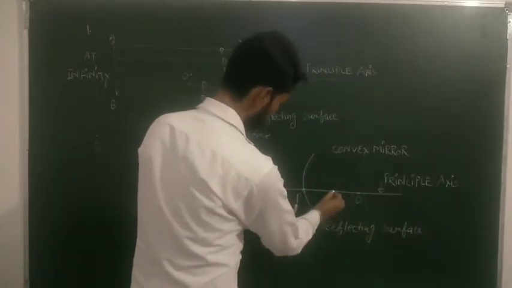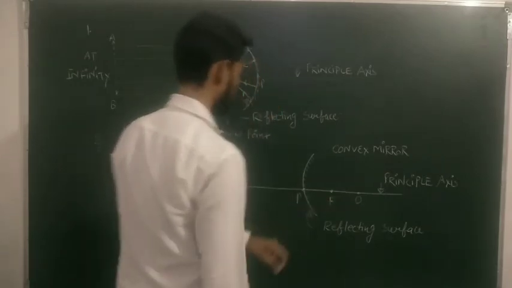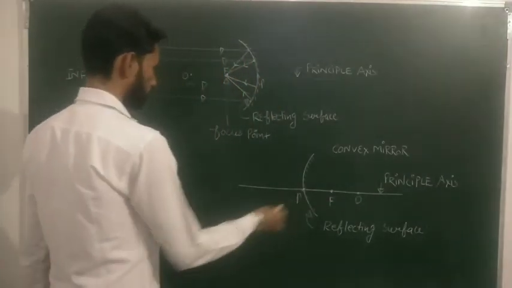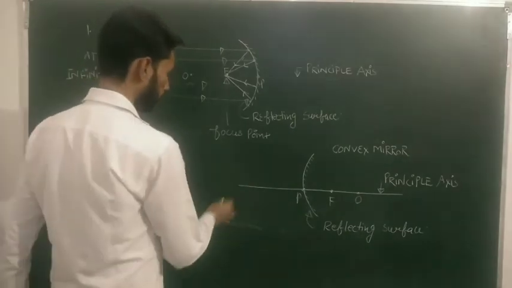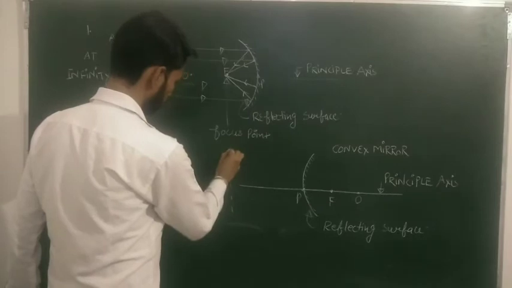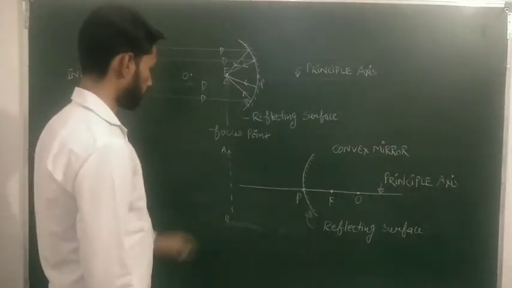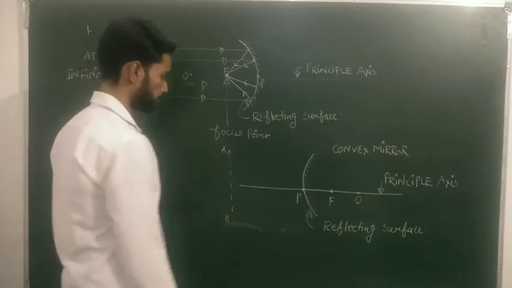PO is a radius and half of the radius is the focus point. Here we assume again AB is an object which is at infinity.